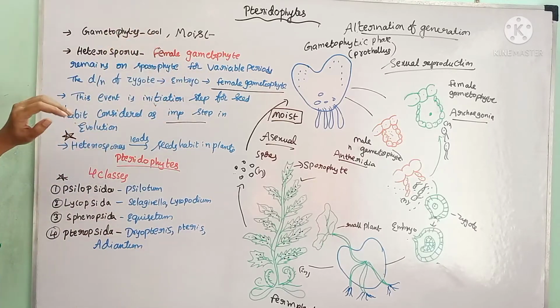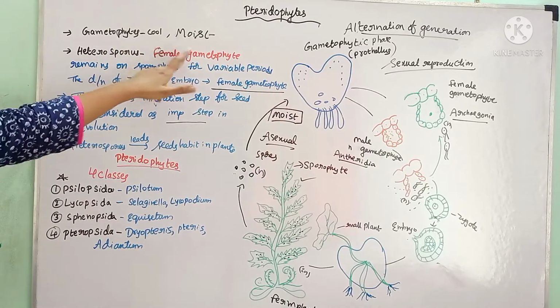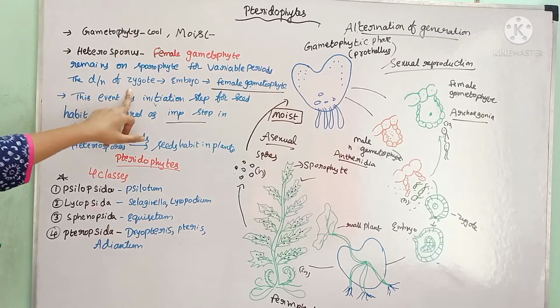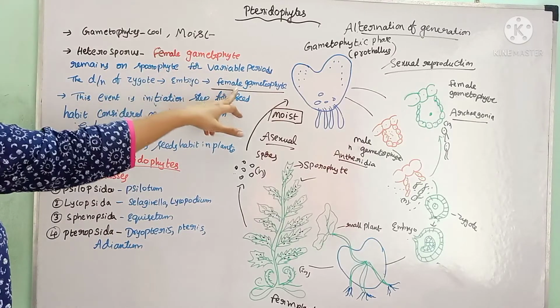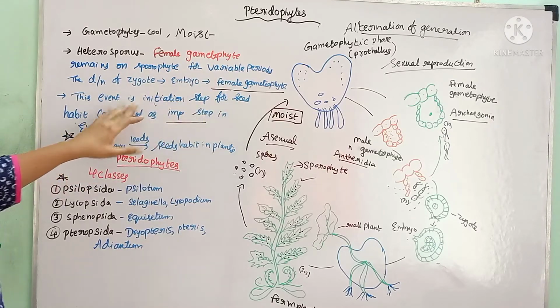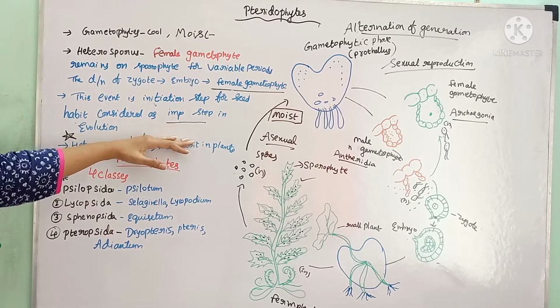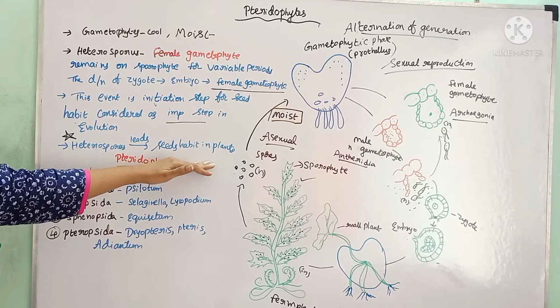In the heterosporous condition, the female gametophyte remains on the sporophyte for variable periods, and the zygote and embryo develop in the female gametophyte only. This event is an initiation step for seed formation. The seed habit is considered an important step in evolution. Thus, the heterosporous condition leads to the seed habit in plants.